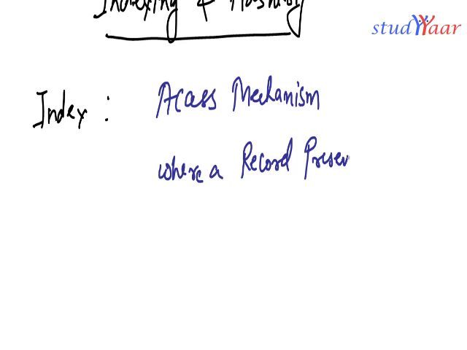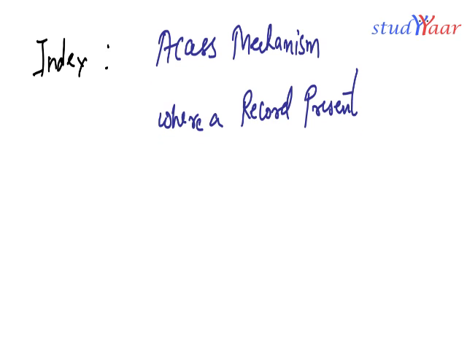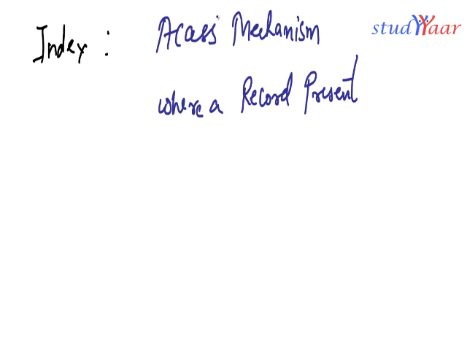It gives me the location of a particular record, and on the basis of what does it give me the location? It gives me the location on the basis of a search key.